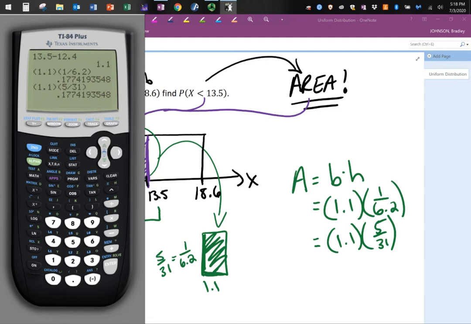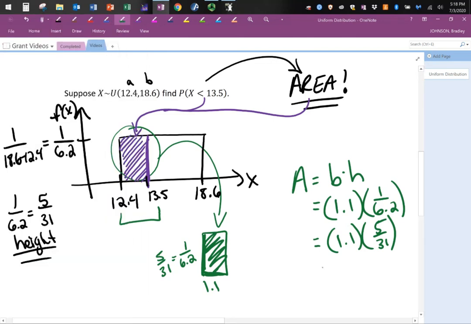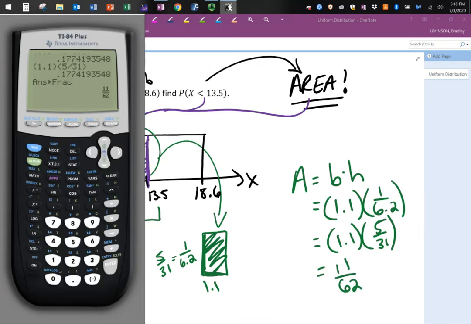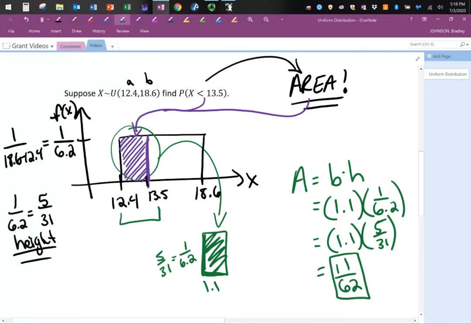So I don't want to round, I want to get an exact answer. So I will hit math, go to fraction, hit enter, and I get 11 out of 62. Okay, 11 out of 62 would be my nice answer here for the probability that x is less than 13.5. It's what I call an exact answer.